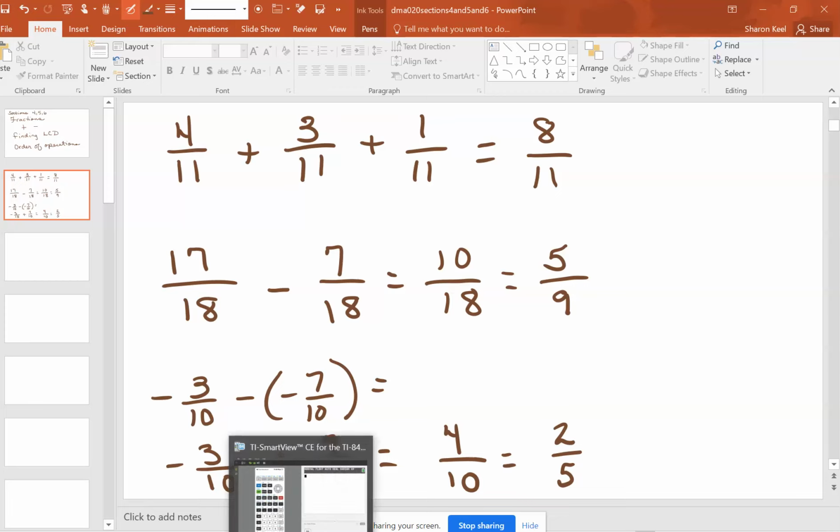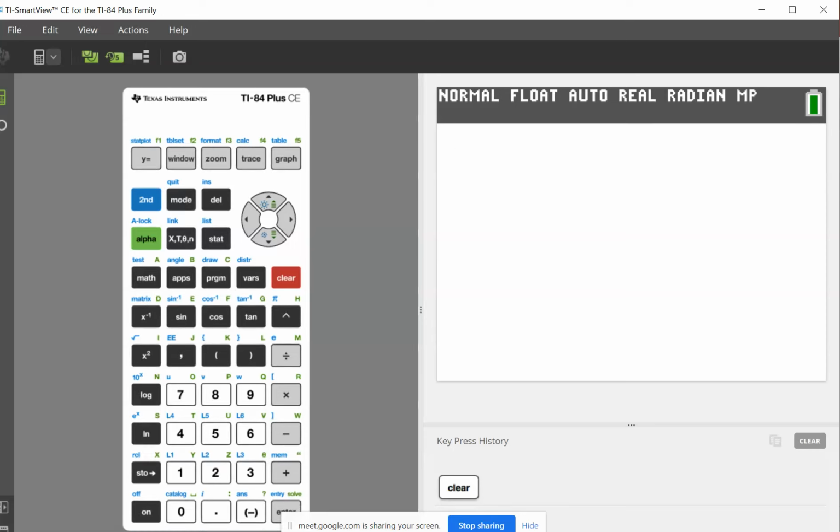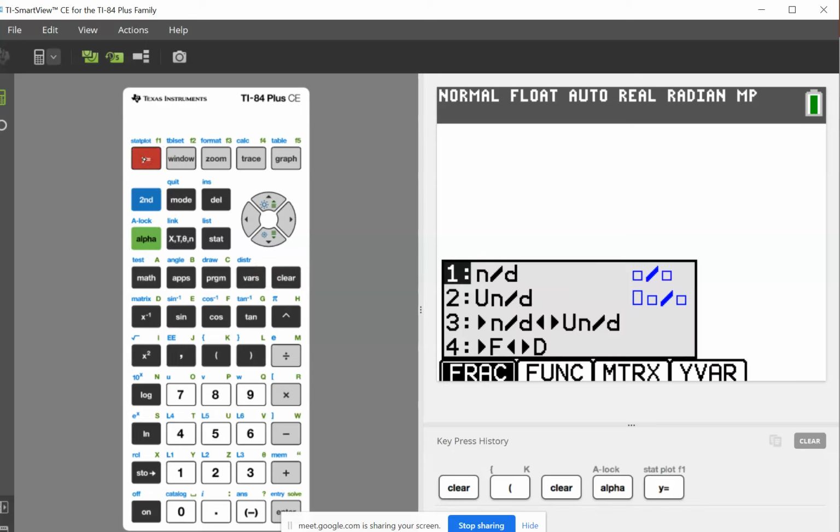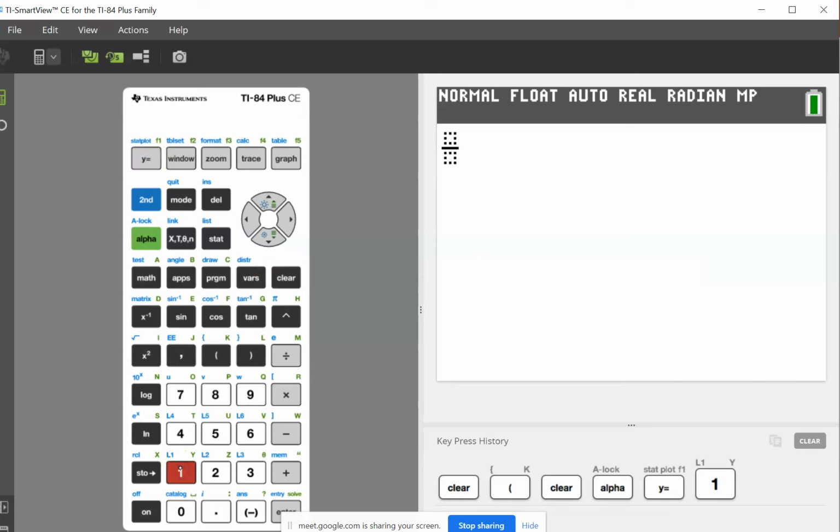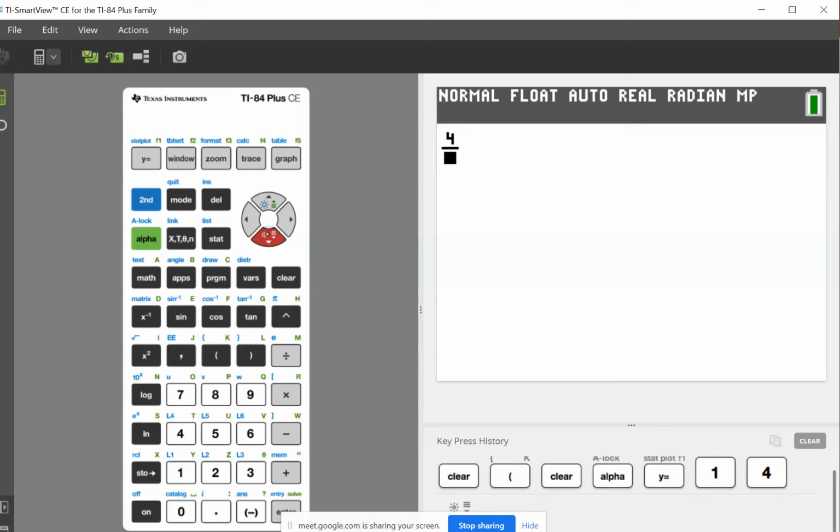If you want to do these using your calculator, we looked at 2 ways we could type in fractions the other day. One way that we looked at typing them in is you can use alpha y equals number 1, and then it has the appearance of a fraction with both numerator and denominator.